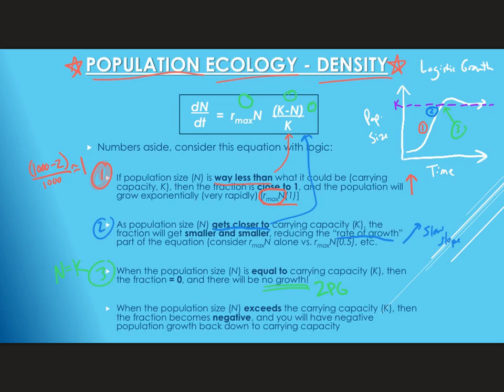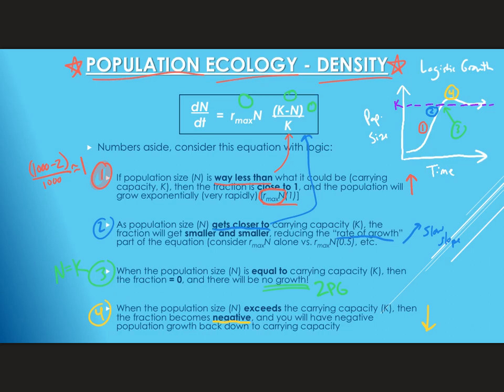or decrease. Now, we still have one more thing that can happen, or does happen, and that is that we exceed carrying capacity. So shown here as number 4 on our graph, when n is greater than k, the fractional part of this formula becomes negative, and that means that we see a drop in our population size.